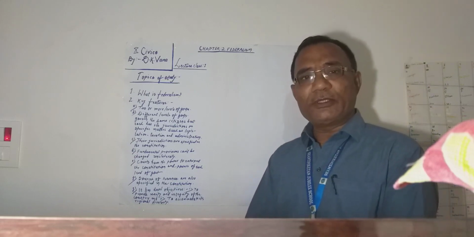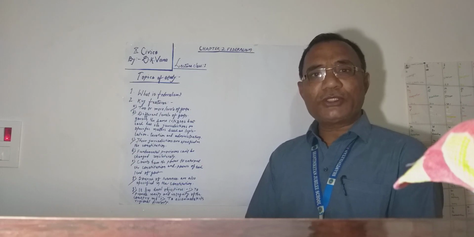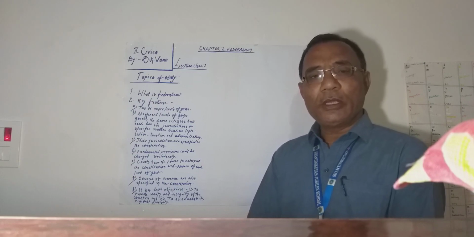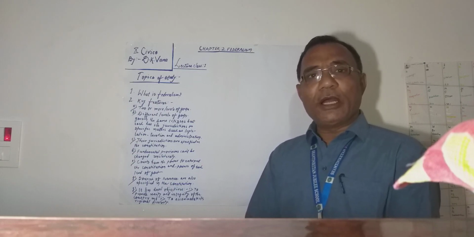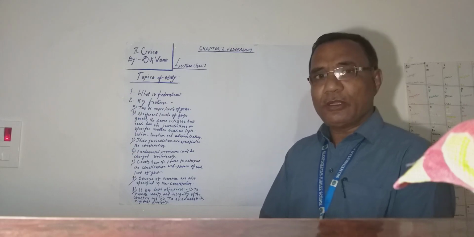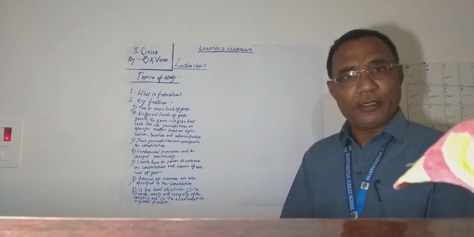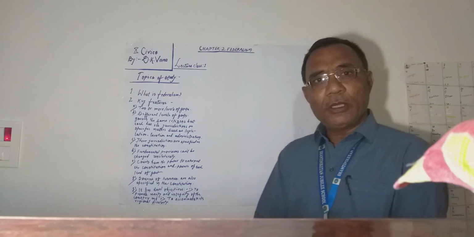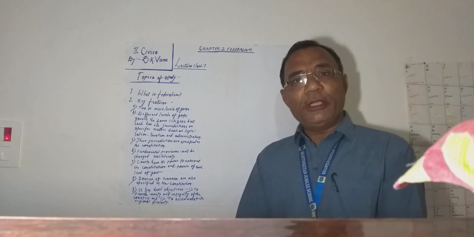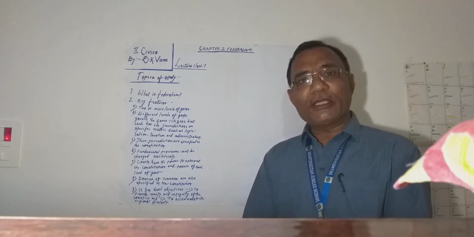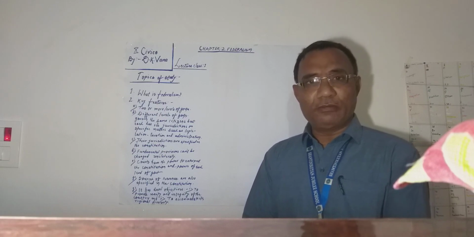Actually, what is federalism, students? This is the first question before us, and in this regard, the answer is federalism is a system of government in which power is divided between a central authority and various constituent units of the country.